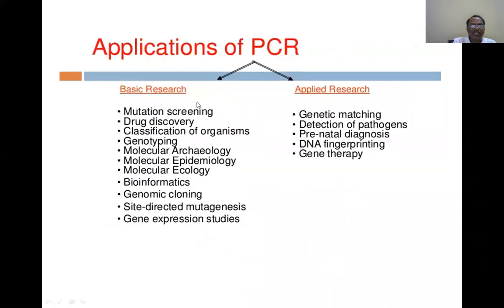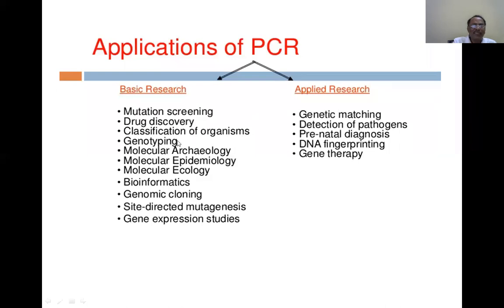Now, what are the applications of PCR? Mutation screening: suppose for a gene of a particular individual, to identify whether any mutation is there, you will use PCR. Drug discovery, new drug discovery, needs PCR. For the classification of organisms, we also use PCR.